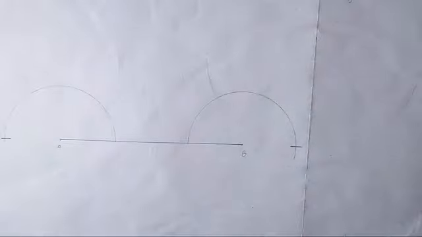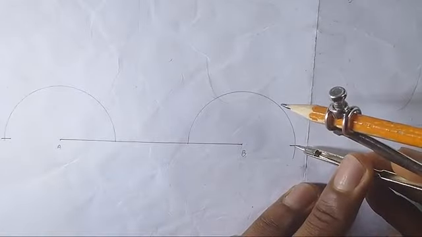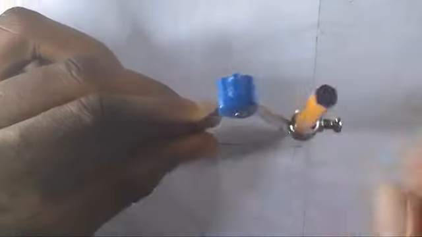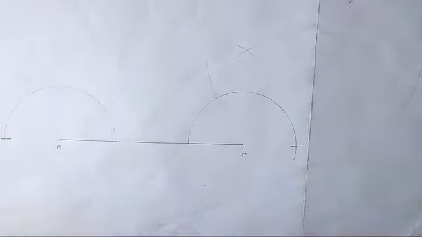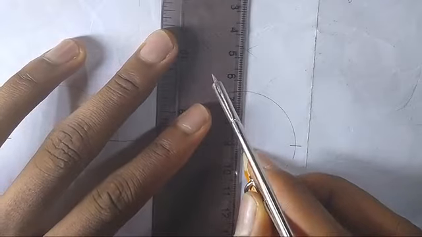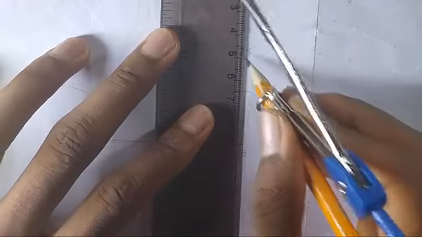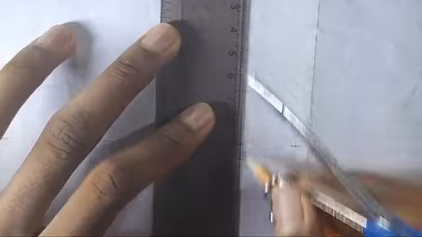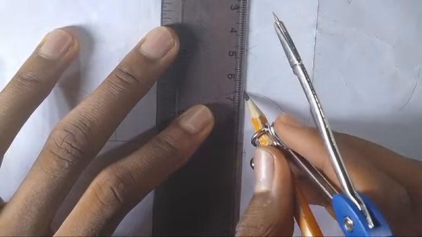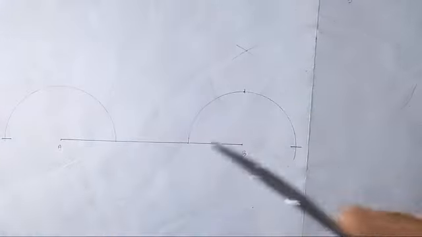So we'll pin at this point, so we'll have to bisect to get our 90 degrees. Extend and bisect up. Bisect. So after bisecting to get our 90 degrees, we will not draw a straight line. So using this distance here, we'll just mark off at our semicircle, this point here. Just mark it off. Do the same thing here.